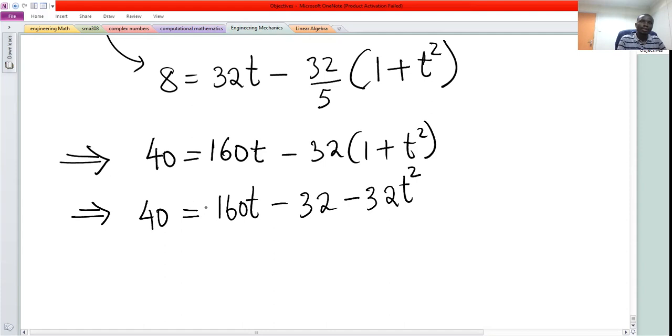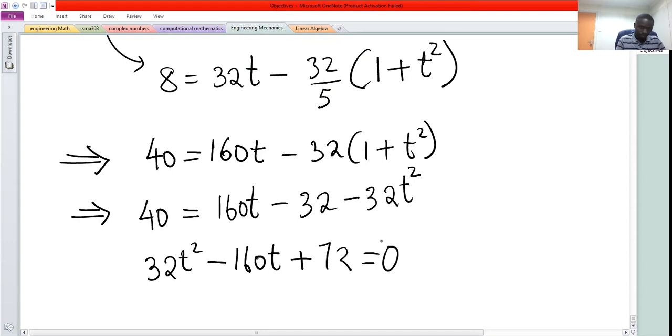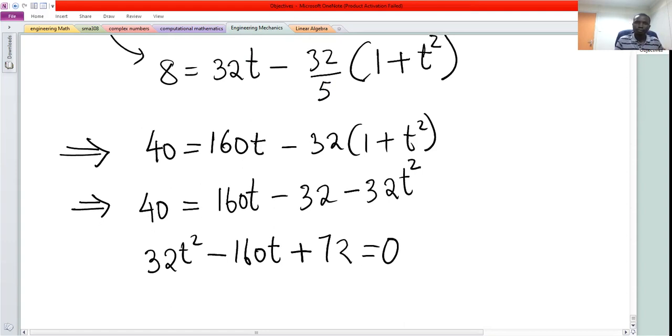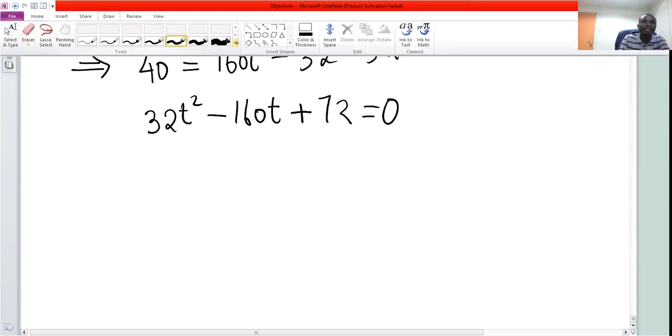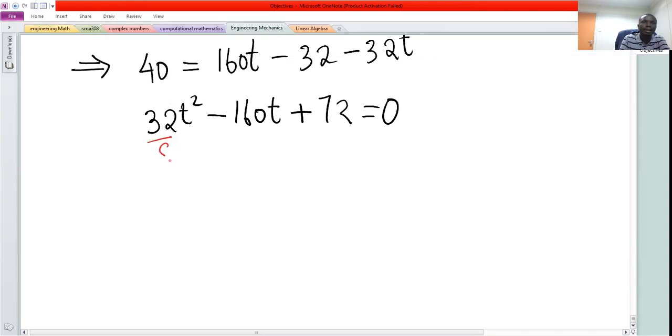So take every term to the left. So we'll have 32T squared minus 160T plus this one will give us 72 equal to 0. And then we can divide every term in this equation by 4, or even 8. So dividing through by 8, divide this by 8, divide this by 8, divide this by 8.